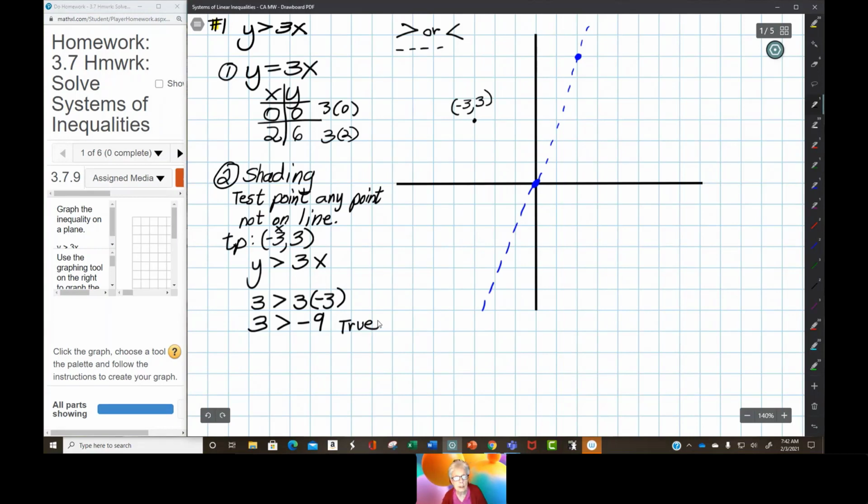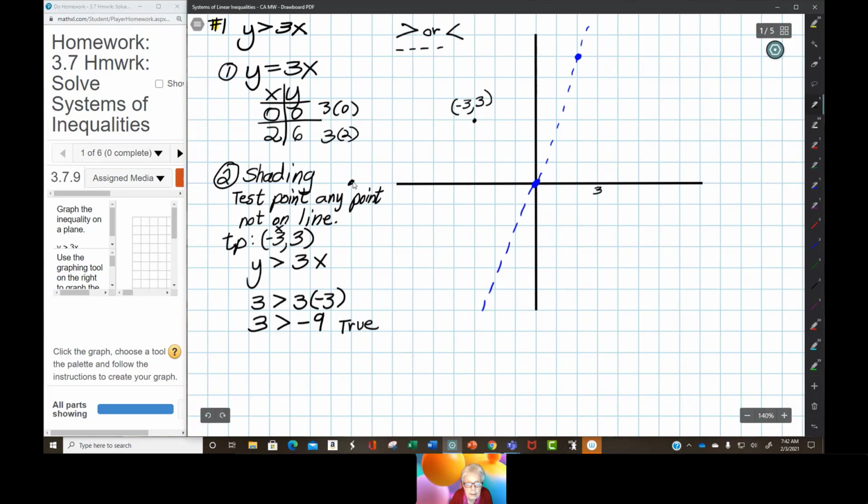Just look at the x-axis or at the y-axis, but x is easier. 1, 2, 3. 3 is here. Now, -9 is -1, -2, -3, -4, -5, -6, -7, -8, -9.